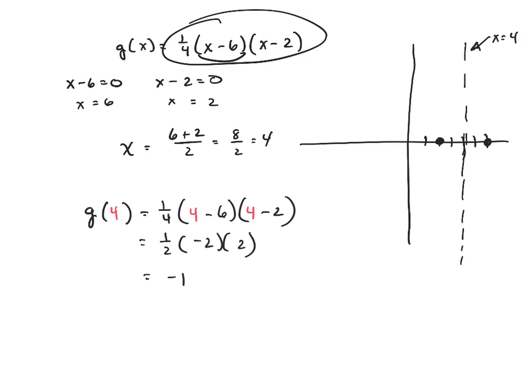Half of 2 is a 1 times 2, so we get -2 for an answer. So when x is 4, the function is -2. Let's put a point right there. We know it opens up, and so there is a good enough graph of our function.